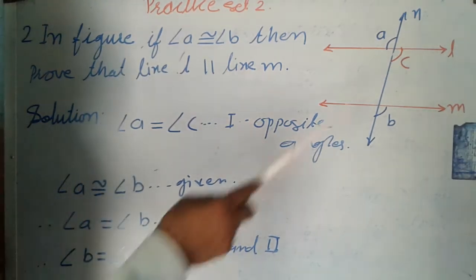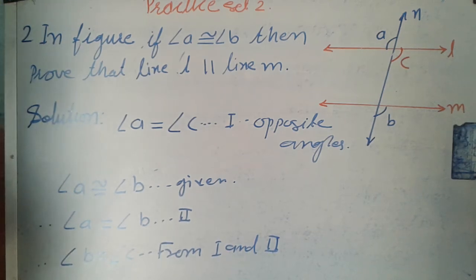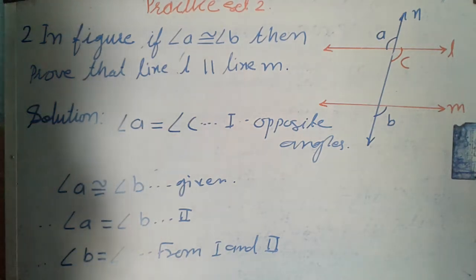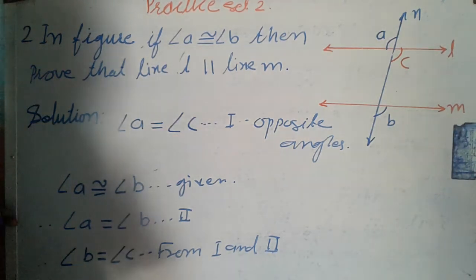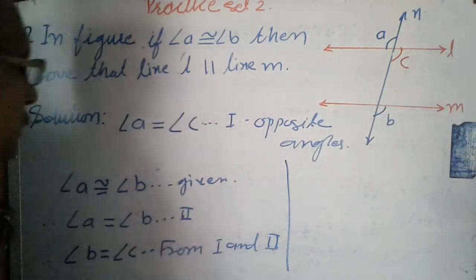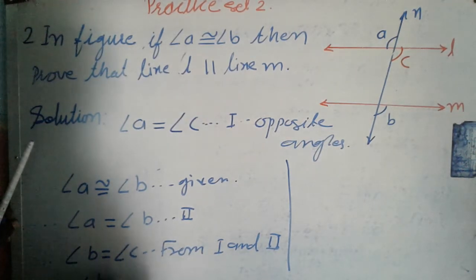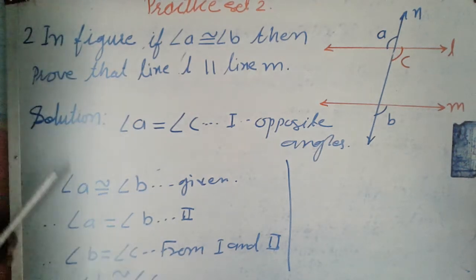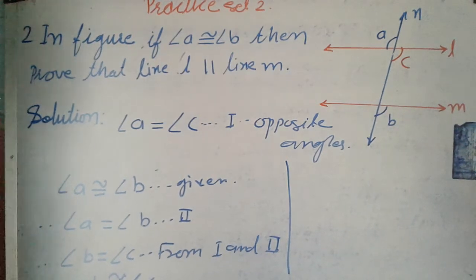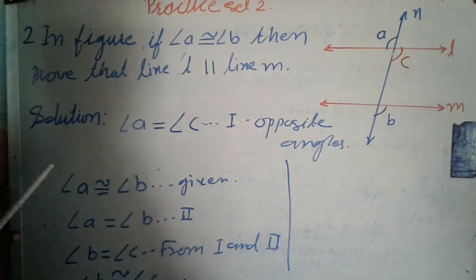But these angles, angle B and C, are a pair of corresponding angles formed by transversal N. Therefore, this pair of corresponding angles is congruent. Angle B is congruent to angle C, and this is the pair of corresponding angles.